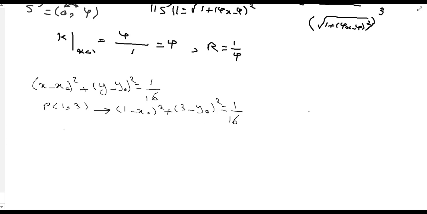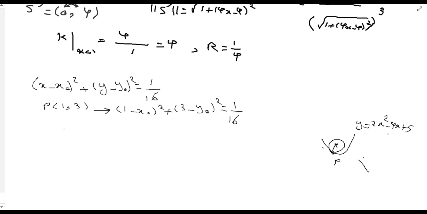Now I want to find x0 and y0. If we look at the function I had before, the function is this, and the point P is here, and the osculating circle is here, and the radius is this one, and the function is y equal to 2x² minus 4x plus 5.